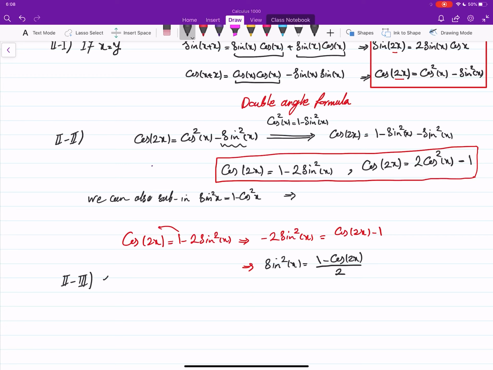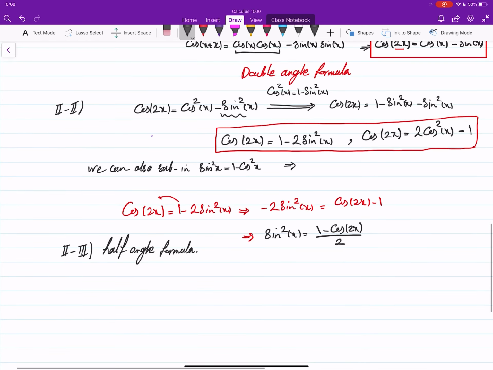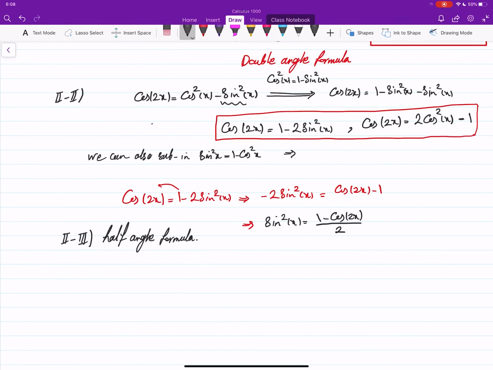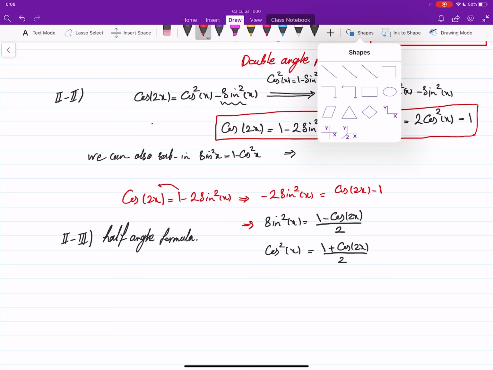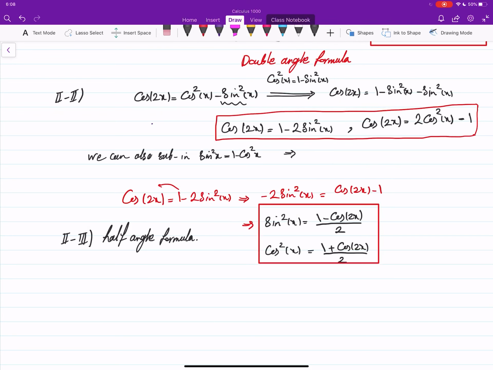It's called the half angle formula. There's another version of that which says that cosine squared x is also equal to 1, this time plus cosine 2x over 2. So that is half angle.